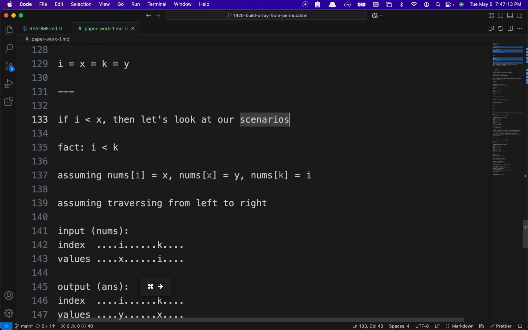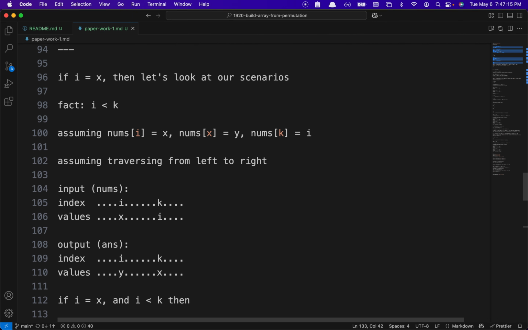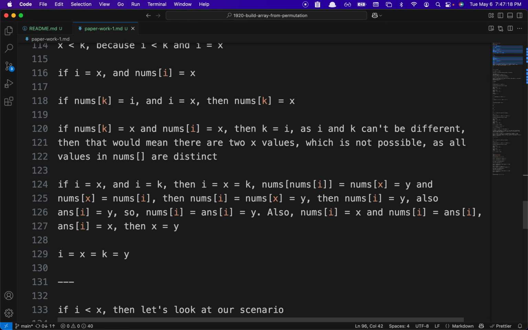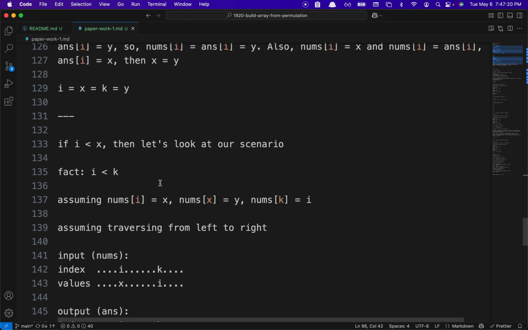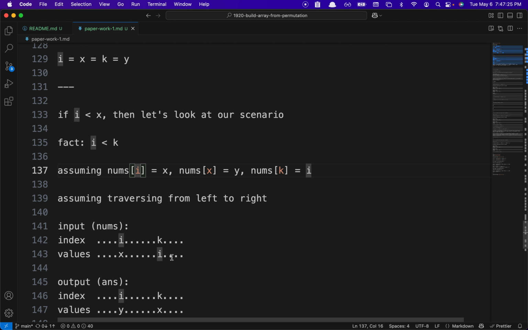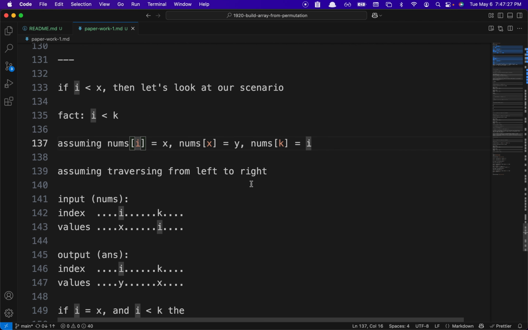Scenario one: assuming nums of i is equal to x, nums of x is equal to y, answer of i equal to y equal to nums of i.